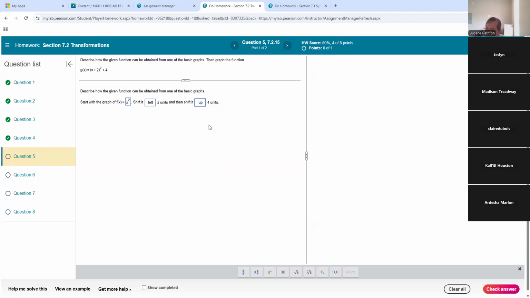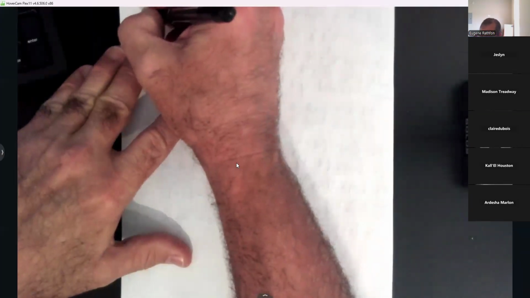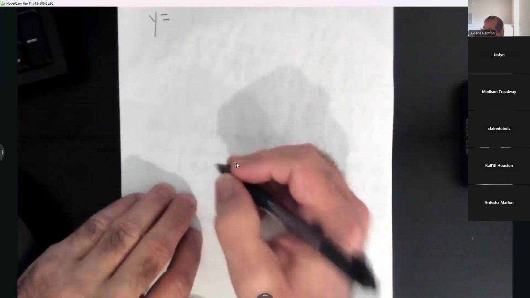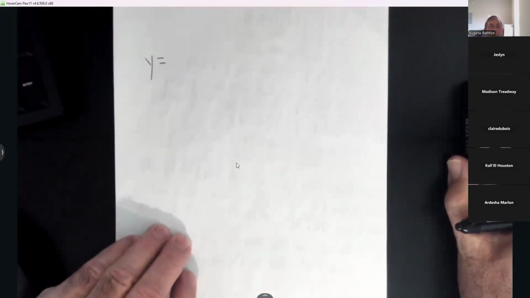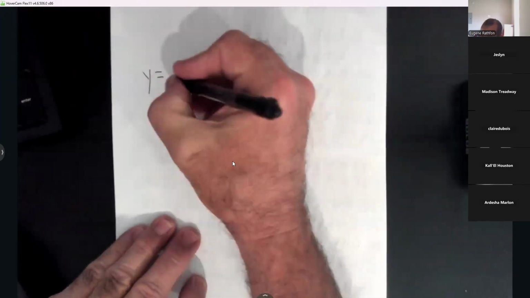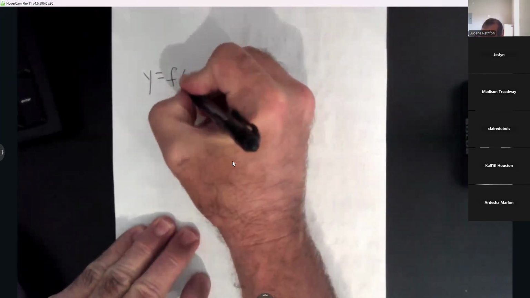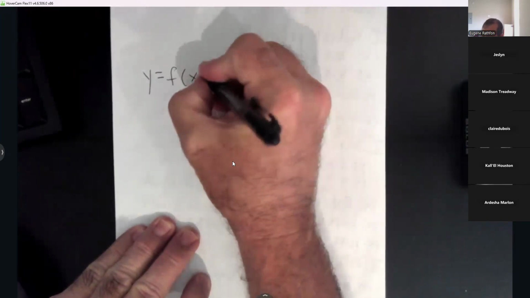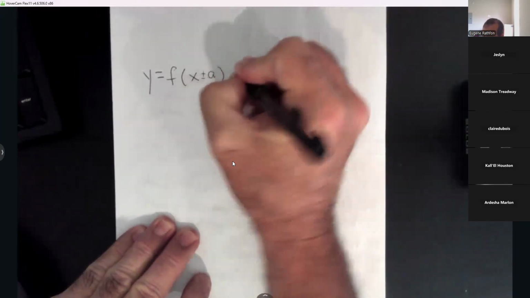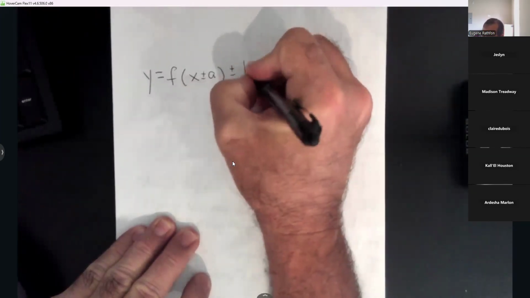So y'all, let me make this easier for y'all real quick. Okay, so we got these functions. You'll have x plus or minus a, plus or minus b.